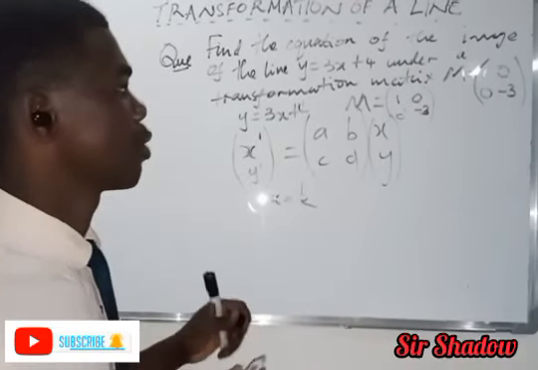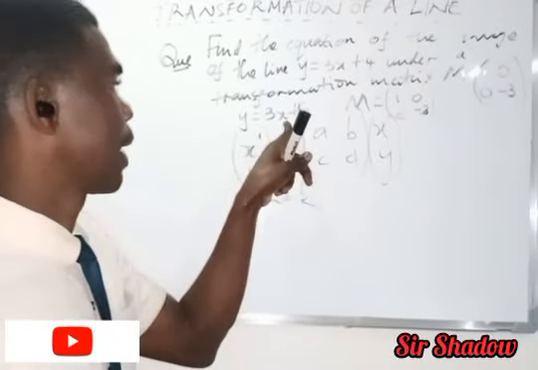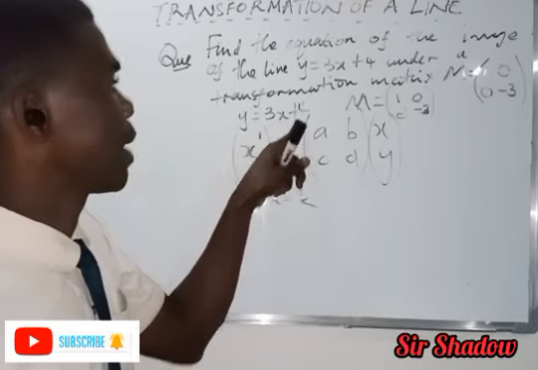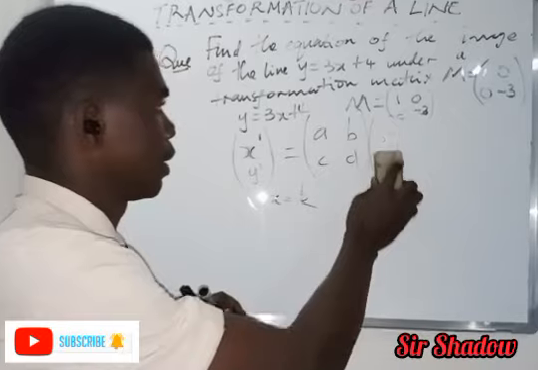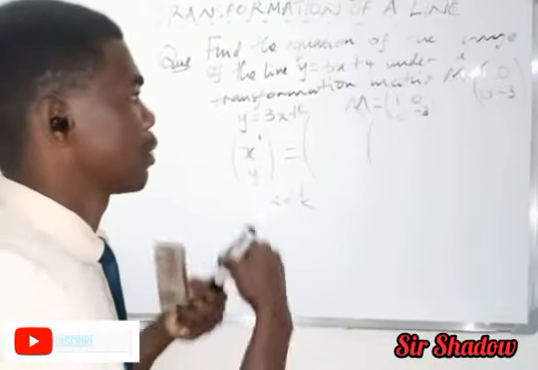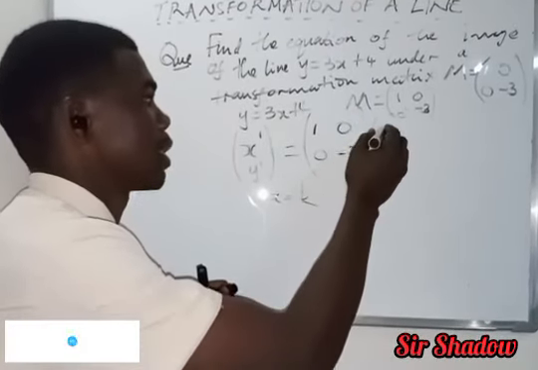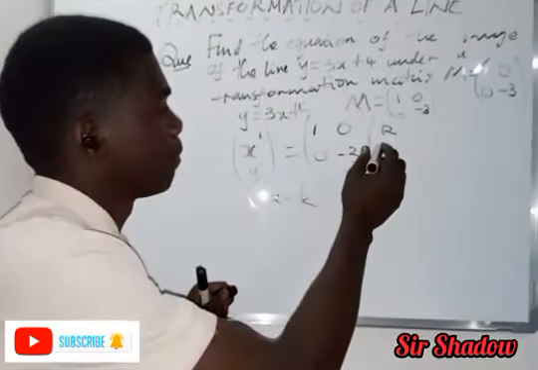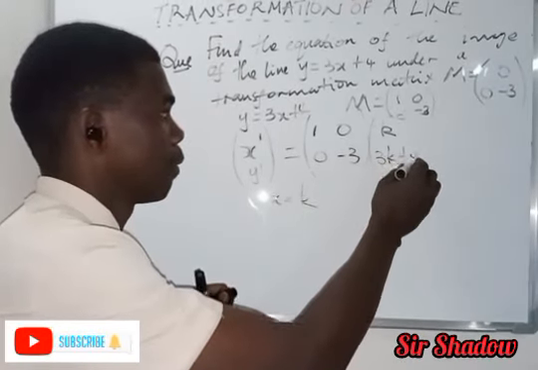Let x is equal to k. So we have to substitute k here. If x is equal to k, which means y is equal to 3k plus 4, we can actually substitute here from the general equation, and we already have the coordinates of this matrix, which is 1 0 0 minus 3, and k, 3k plus 4.